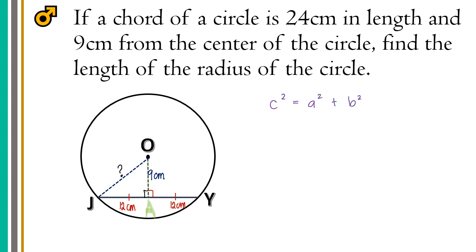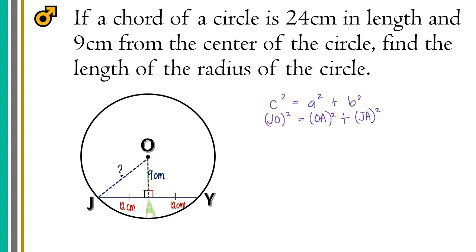Here, I'm going to put again the corresponding segments for each letter. For c, this is JO, squared. For our a, we have OA. And for our b, we have JA.